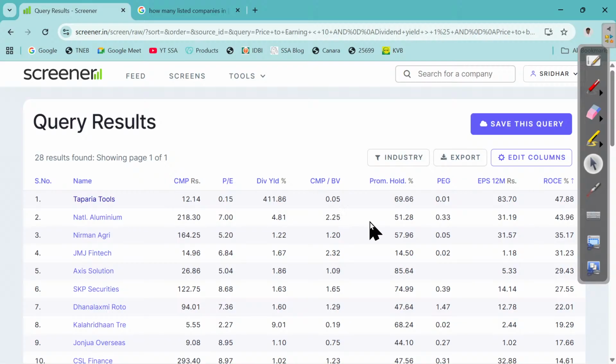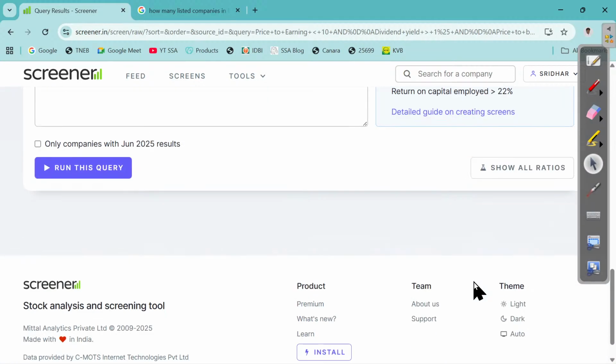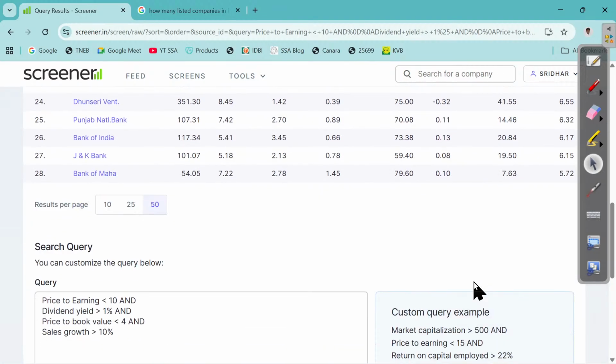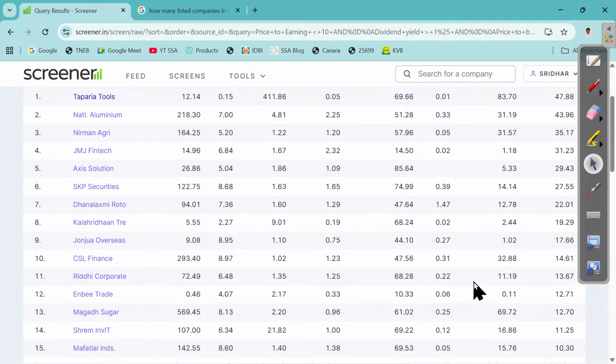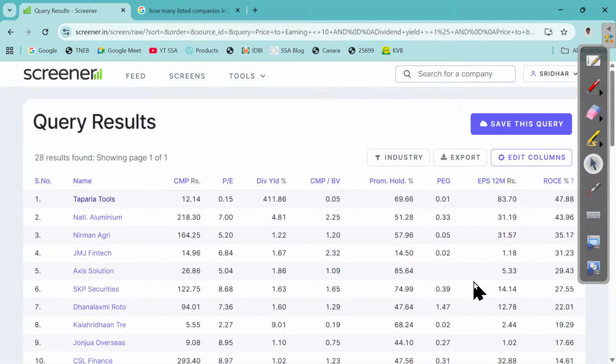That's how I gave the number. And PEG I have not given, but they have taken this one also. And growth, ROC and profit growth, everything is given here. You got how many companies? 28 companies as per our conditions. You no need to take all the 2000 companies' details to analyze, only this one. Choose these companies and decide whether this is suitable or not.